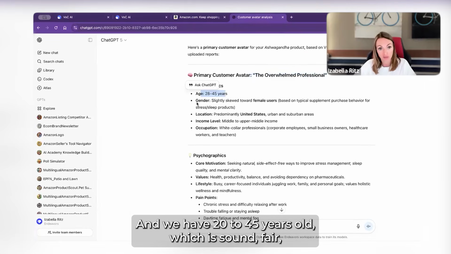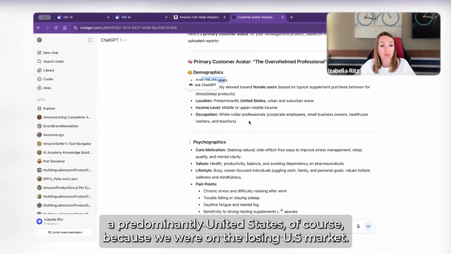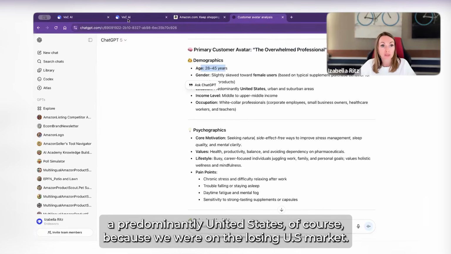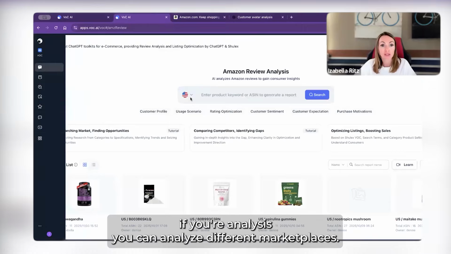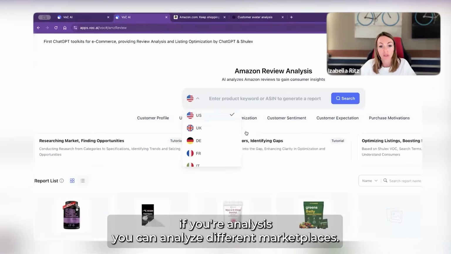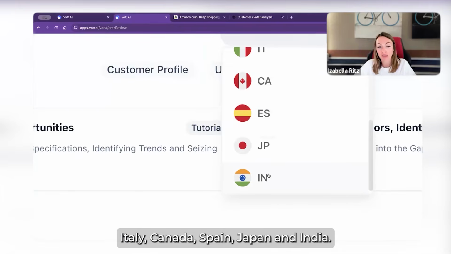So now we have the primary customer avatar, the overwhelmed professional, aged 28 to 45 years old, slightly skewed toward female users. Location, predominantly United States, of course, because we were analyzing the US market. And keep in mind, if you review the analysis, you can analyze different marketplaces: the US, UK, Germany, France, Italy, Canada, Spain, Japan, and India.